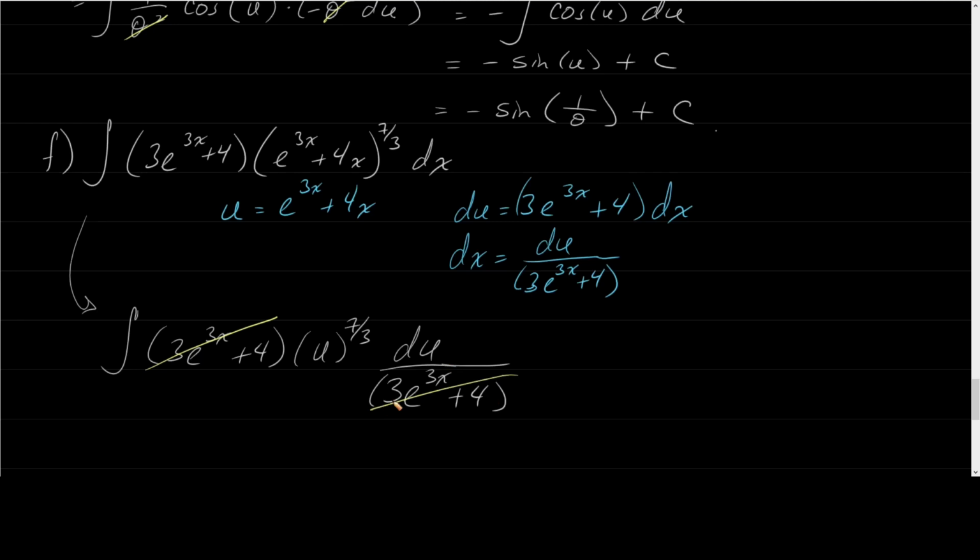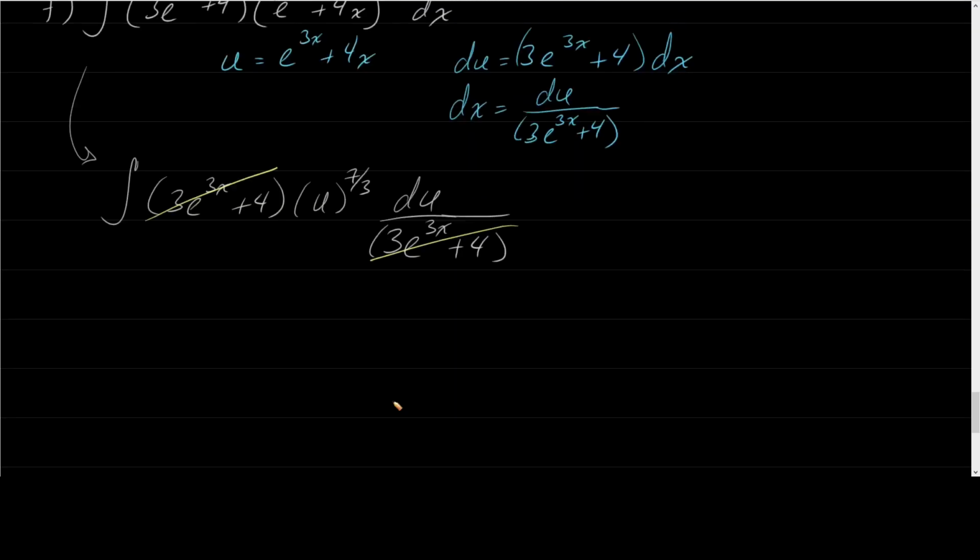So what we really have here in this problem is just the integral of u to the 7/3 du. Adding 1 to the exponent, I get u to the 10/3. Dividing by the new exponent is the same as multiplying by the reciprocal. So I get 3/10 u to the 10/3 plus c.